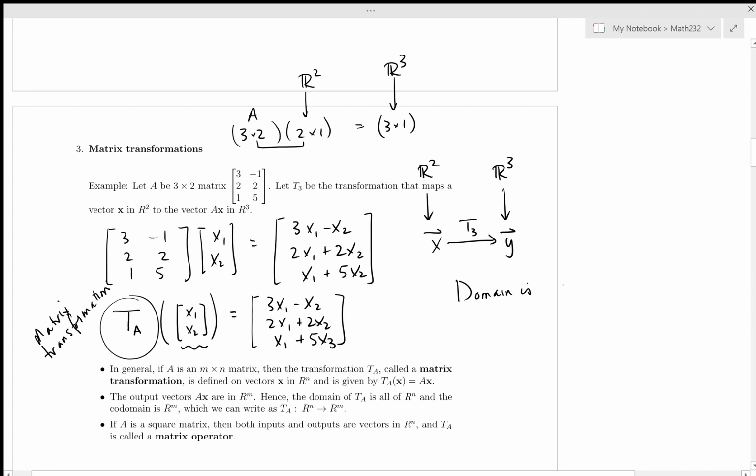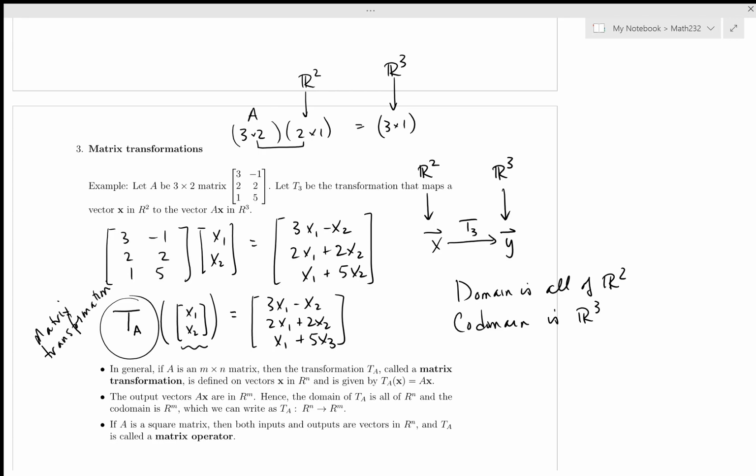And then the codomain is R3. We don't know without further analysis whether the range is actually all of R3, because there may be some vectors in R3 we don't get to via this transformation. But certainly all of the outputs that we do get will be in R3. So the codomain is R3.